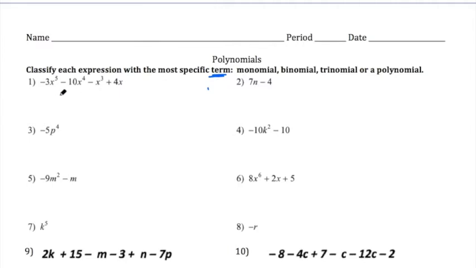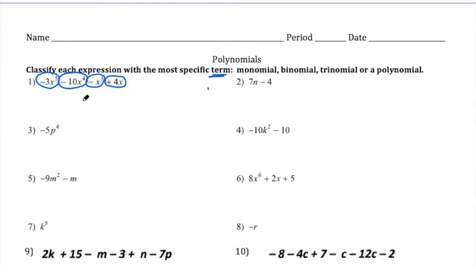We defined terms above as pieces that are separated by addition or subtraction. So I'm going to go ahead and circle a term. So this is a term, and then there's an addition or subtraction. So this is the next term. And I like to continue to circle the sign in front so I remember what the sign of that term is. We're going to talk about that more to come. Then this is a term here. And then this.